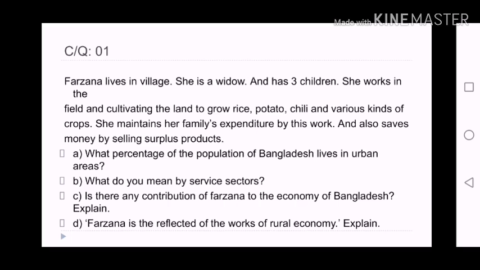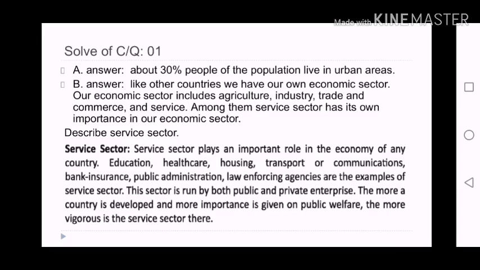So let's begin. The first question was, what percentage of the population of Bangladesh lives in the urban areas? You will find this answer directly in your book, and the answer is about 30% of the population live in urban areas.